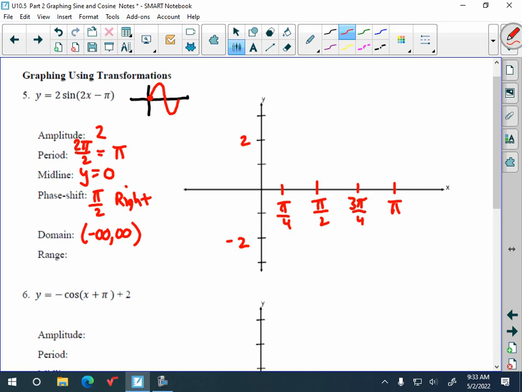All right, that point right there. But because of the phase shift, we have to start pi over 2 units to the right. That means that we have to extend our graph 2 tick mark values. That's what pi over 2 is, a value of 2 tick marks. So what we have to do is extend this graph to the right 2 more tick marks. All right, so we'll put 2 more, and we'll label those.